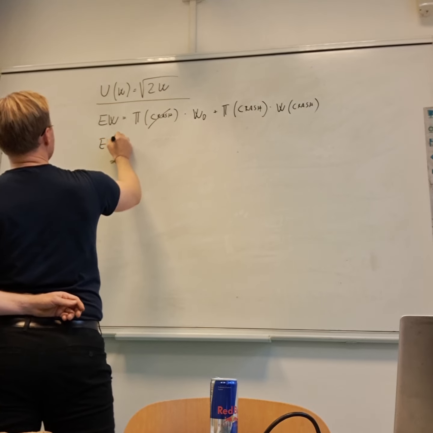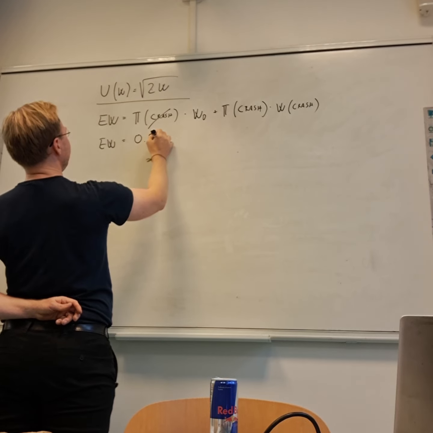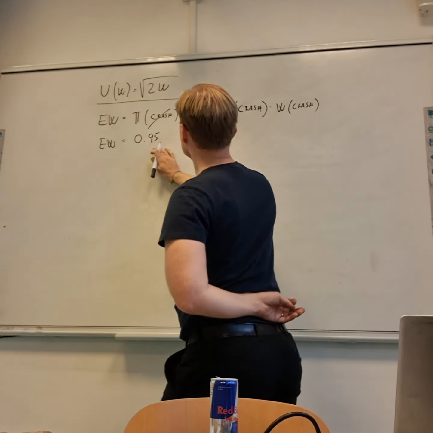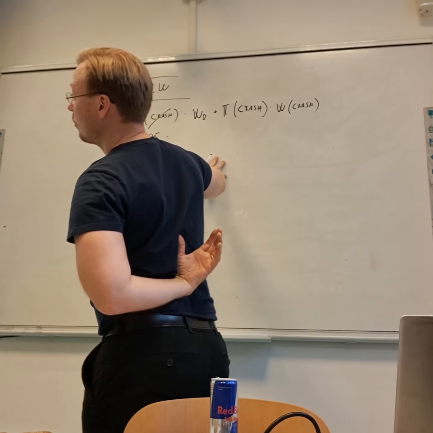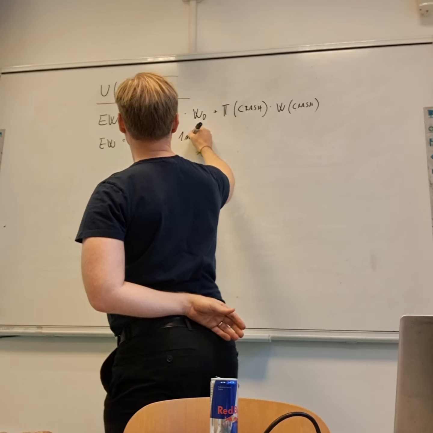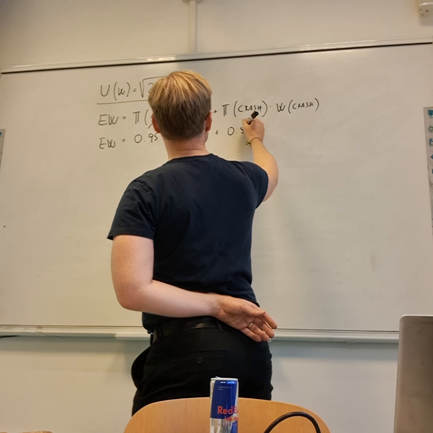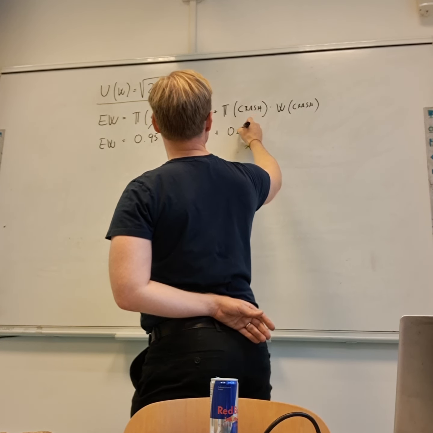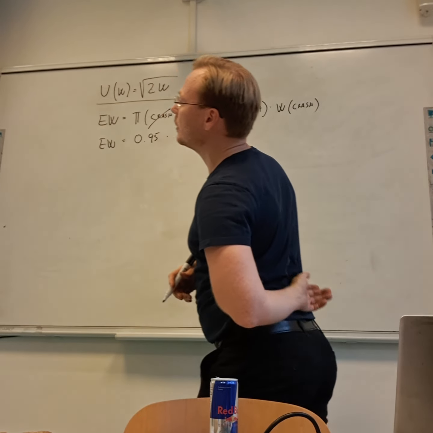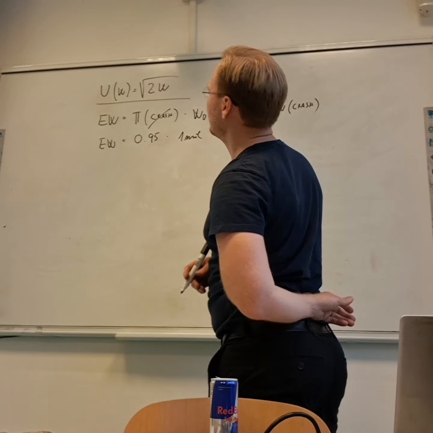It means expected wealth will be equal to 0.95. It's very probable that there will be no car crash. And in that case, I will keep my car with the value of 1 million. Plus there's a 5% probability that my car will have a crash, which means that it would reduce the price to only 200,000 crowns.